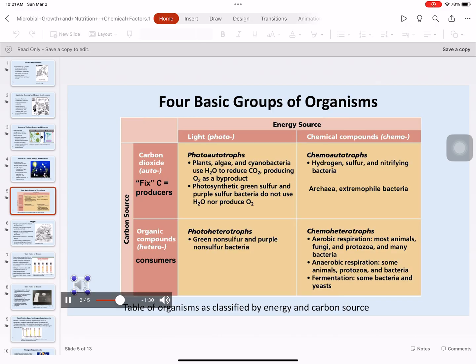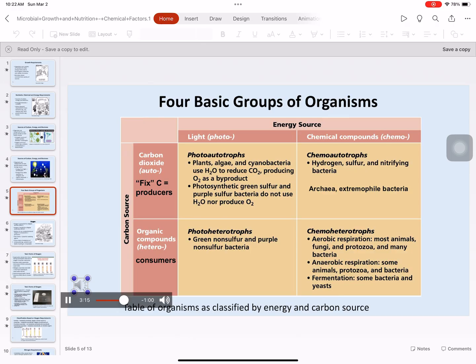Finally, we come to the last block in our lower right-hand corner, and we come to chemoheterotrophs. These are organisms that get their energy from chemical sources as well as their carbon from organic sources.